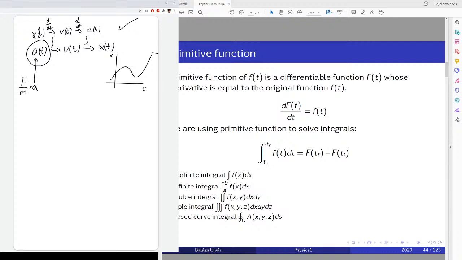Alright. The integral is something useful in kinematics, but there are many other kinds of integrals. What we use here is the line integral, but there can be double and triple integrals. We can integrate a surface or a volume also.